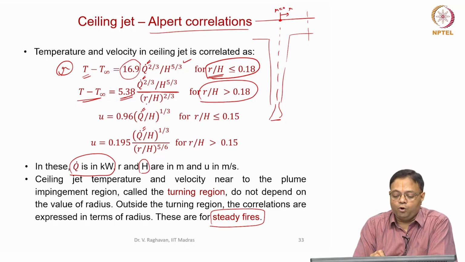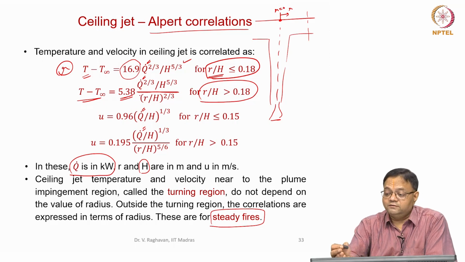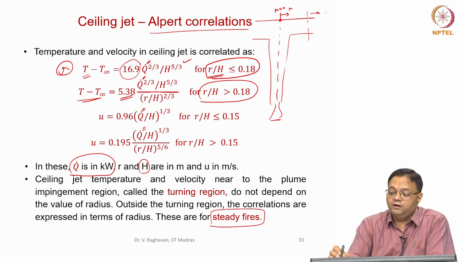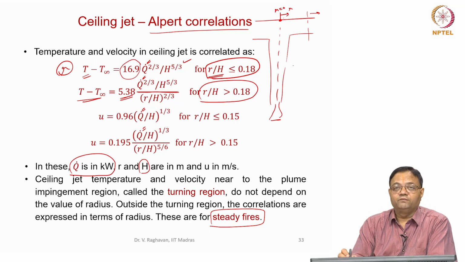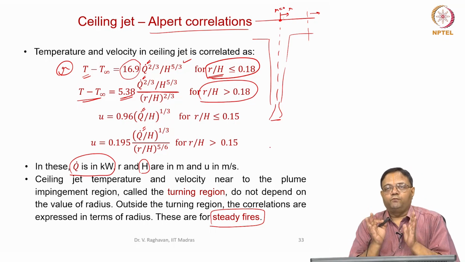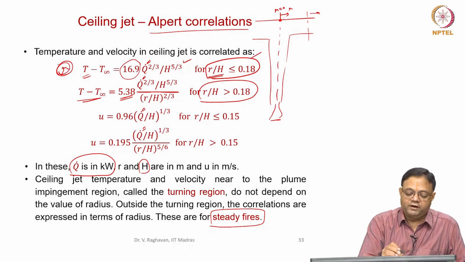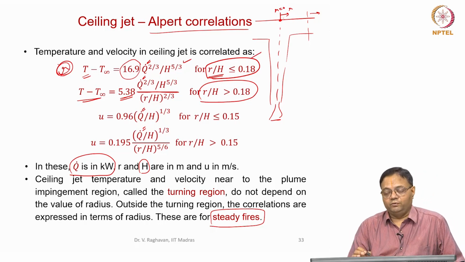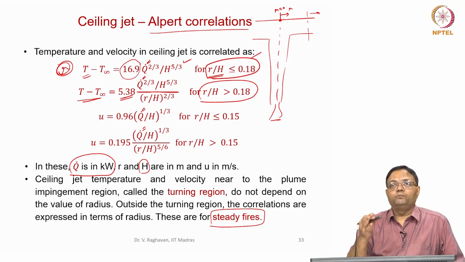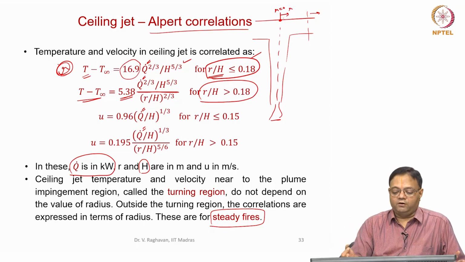As you go to higher and higher radius, the T minus T naught value will decrease, because H is constant and Q dot is also constant, and 5.38 of course is an empirical constant. So in the near field the influence of the plume is felt, and there is no effect of radius on the variation. In the far field, the influence of the plume is not felt.